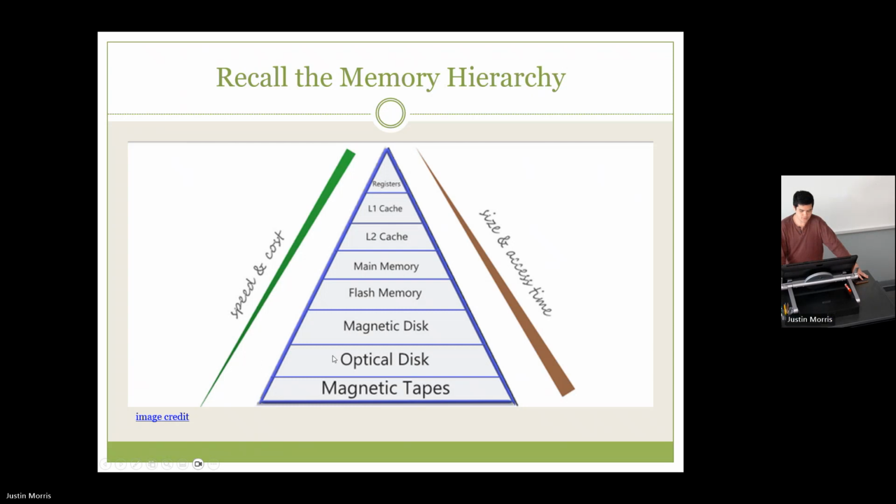So we still see magnetic disks, right? So those are your HDDs. We see optical disks less, right? Do we still see magnetic tapes, like for really long-term storage? I know some companies do use it as a backup offsite.